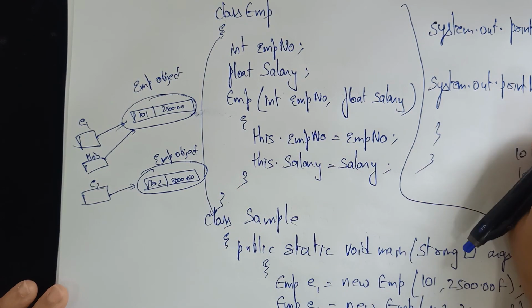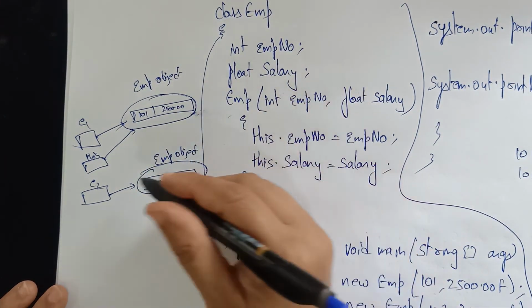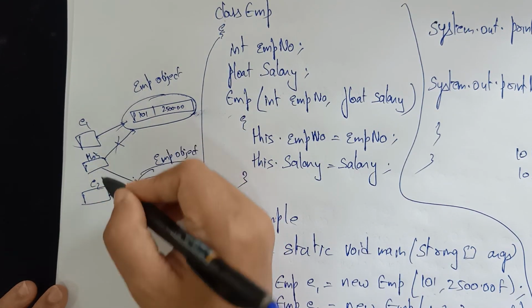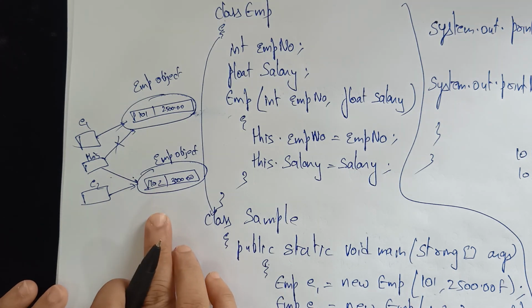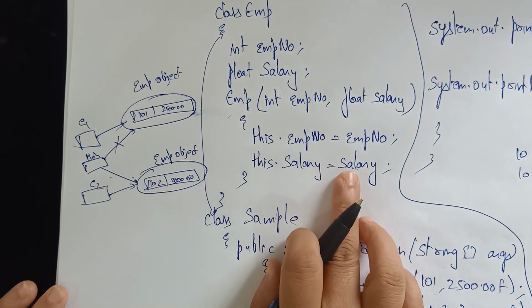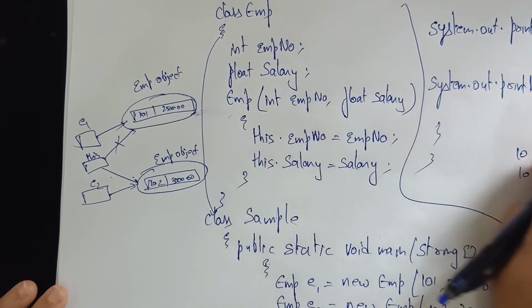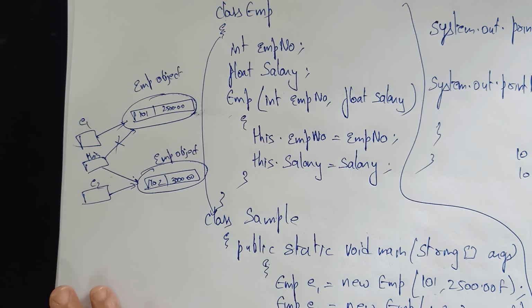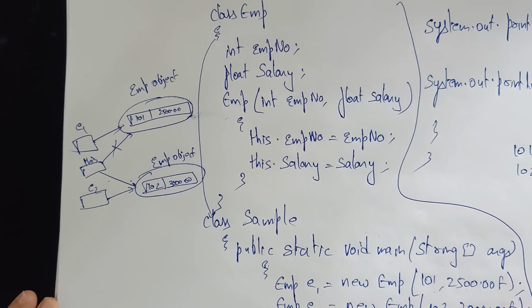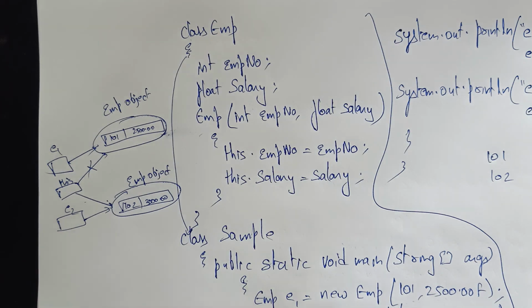Now it comes here and the value is printed. Next, those values will be overwritten: 102 is copied and the salary 3000 is copied, and those values are printed here and then erased. After printing, it is deallocated. So this is how it happens by using this keyword.